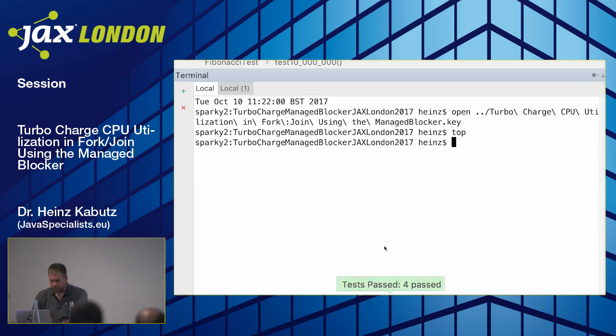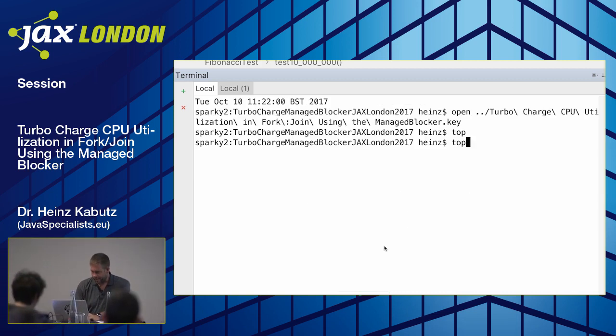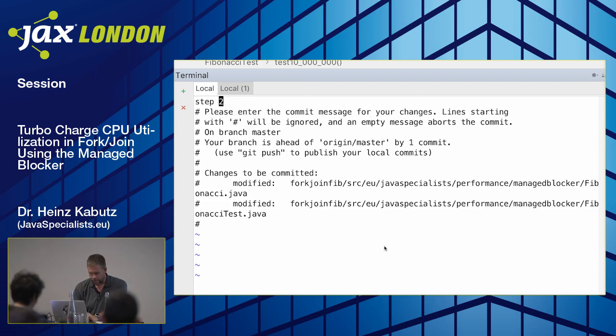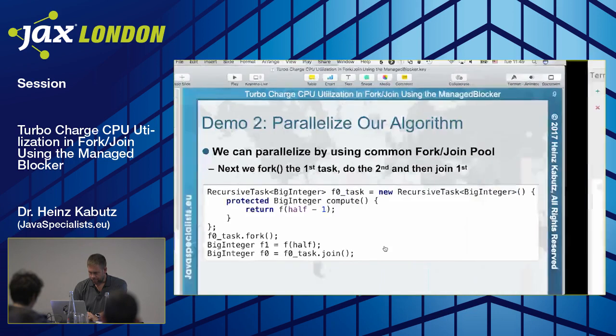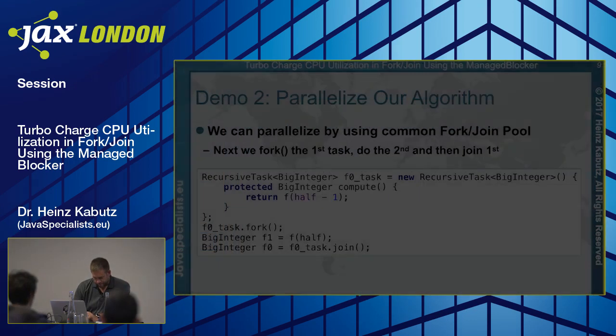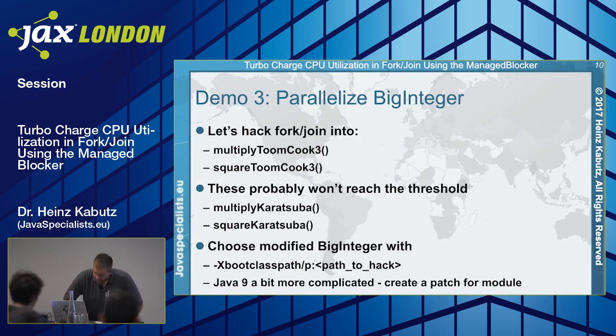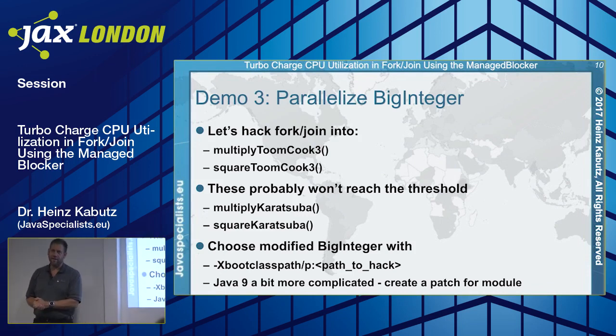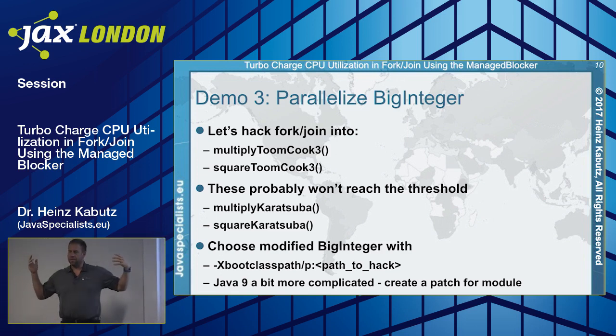Let me commit this quickly, and we'll commit, say, step 2. So, the next step is to hack big integer. Right? Now, big integer at the moment is single-threaded.